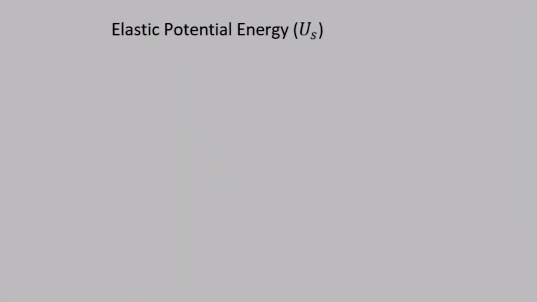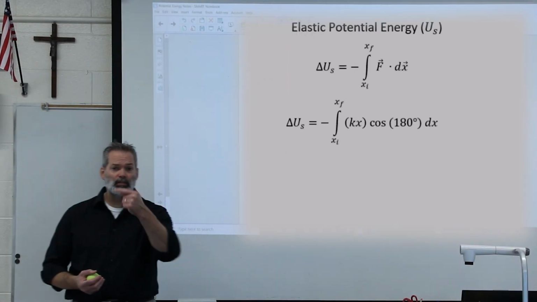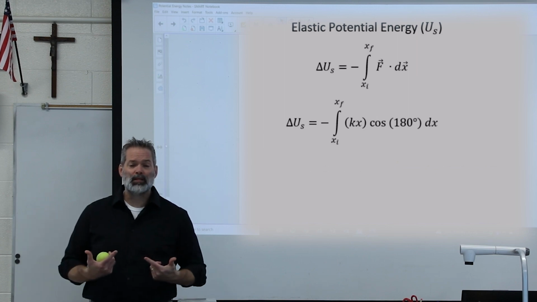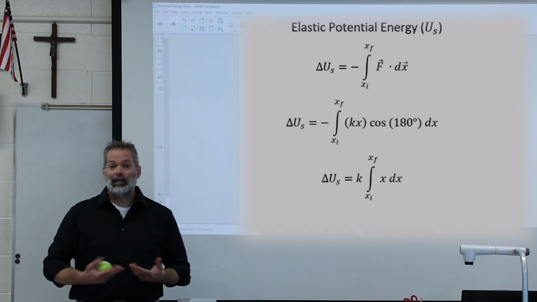Looking at the elastic potential energy for a spring, again, we start off with the change in potential energy is equal to the negative integral of F dot dx. We know that the force is equal to kx. The cosine is again going to be 180 degrees because we know that the displacement and the force are always in opposite directions for this restorative force. So we're able to pull out k, that's our constant.